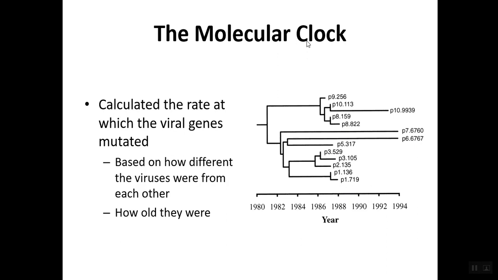Okay, that's what this diagram is showing you, and here are the years from 1980 to 1994. These are all the mutating strains that were identified.